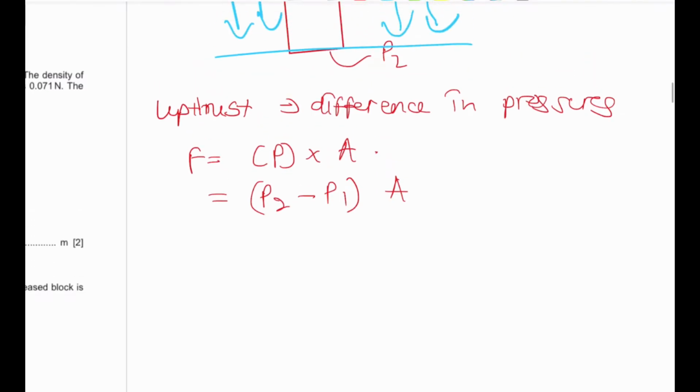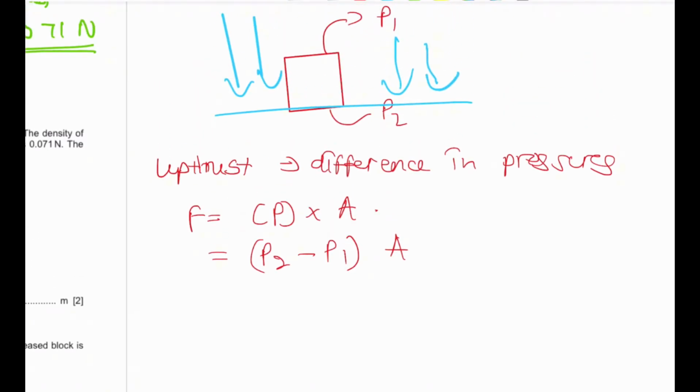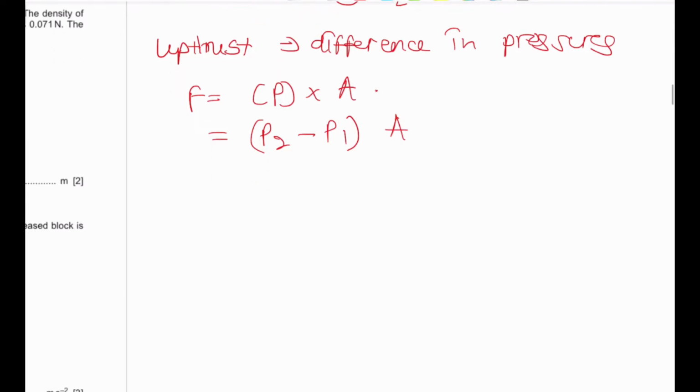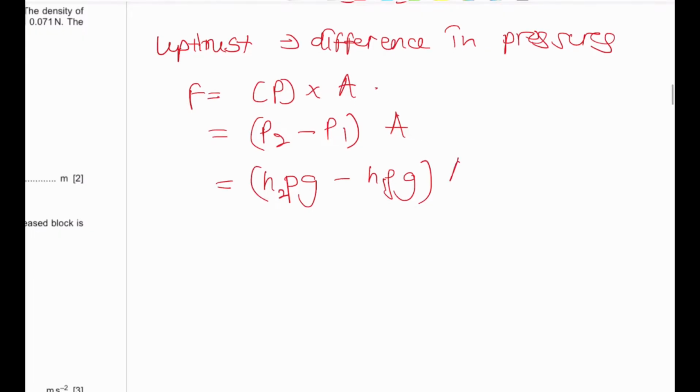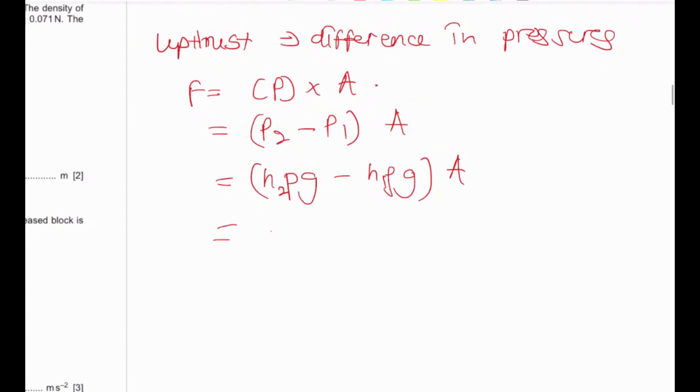Basically, we know that pressure is H rho G. So H rho G at 2, subtract H rho G at 1, multiplied by your area. We can then factor out rho G, multiplied by H2 minus H1, where rho is the density of the water itself, multiplied by your area.